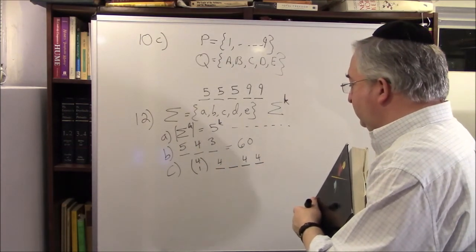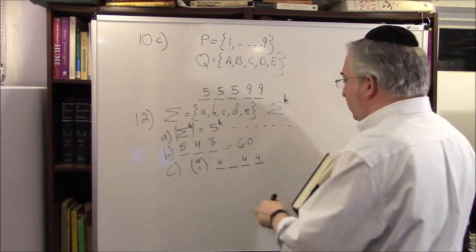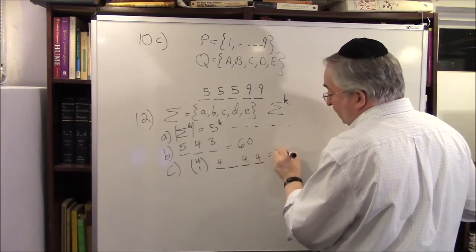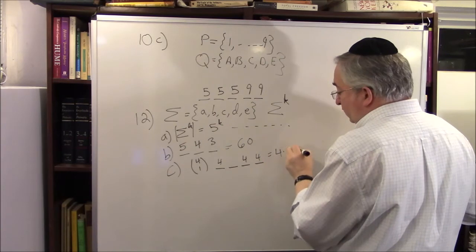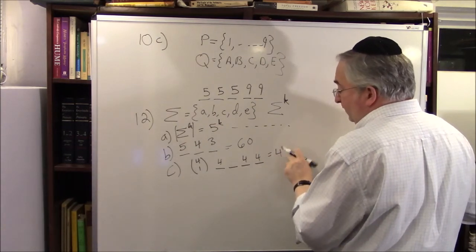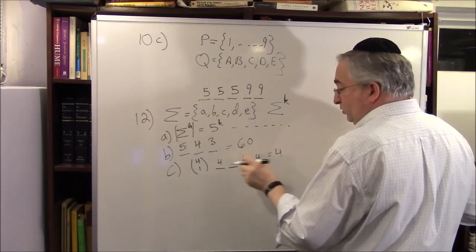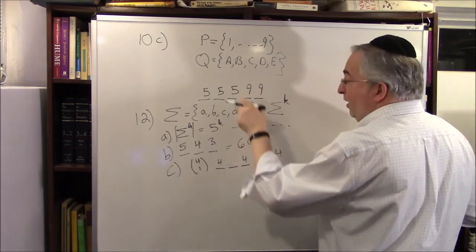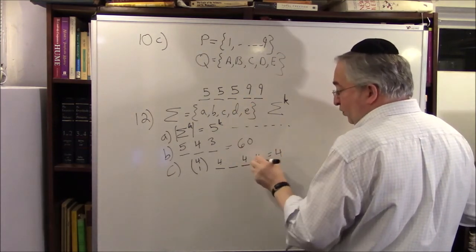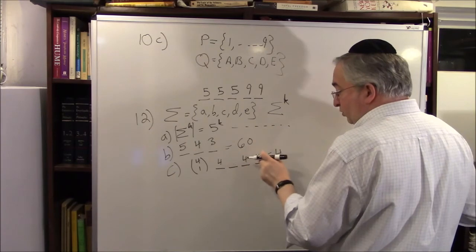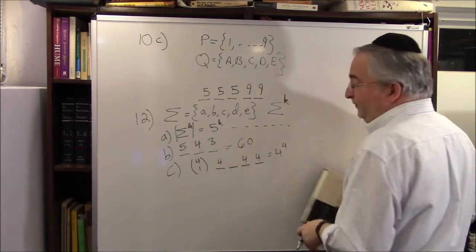Each one of these is different. So this is 4 choose 1, which is 4, times 4 to the 1, 2, 3, 4th power. You don't allow them to choose any other letter.